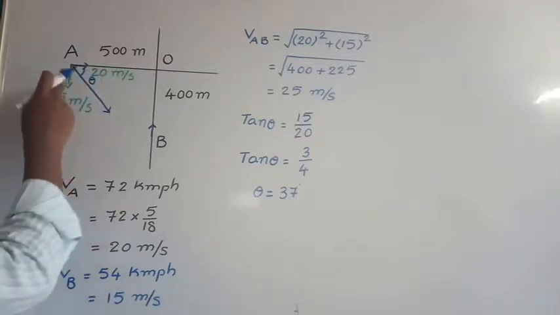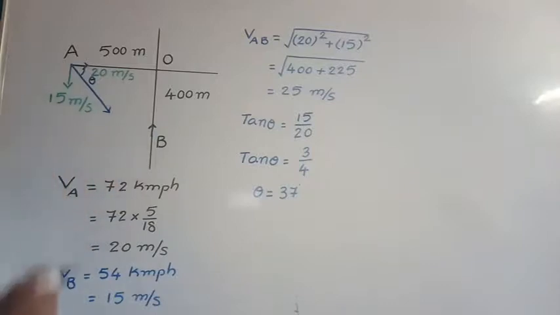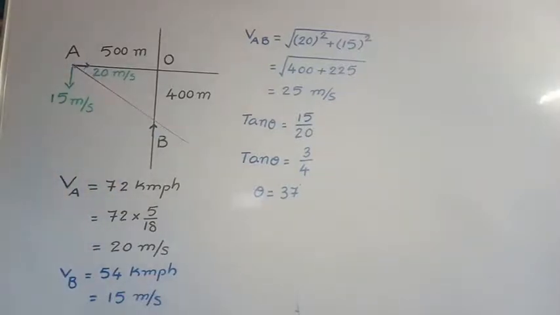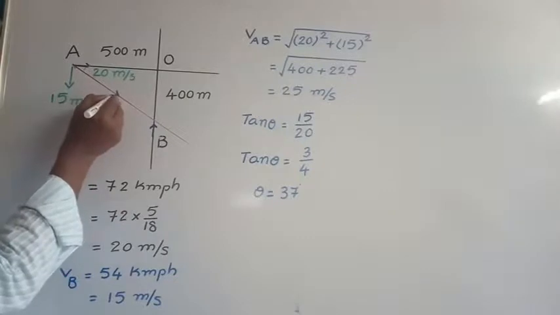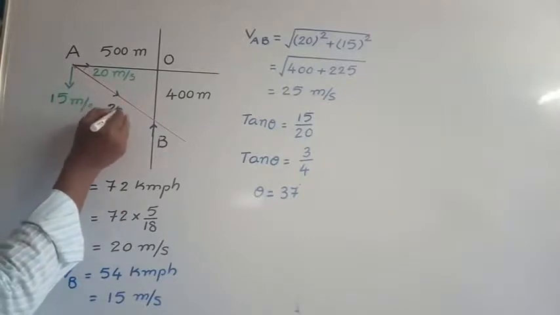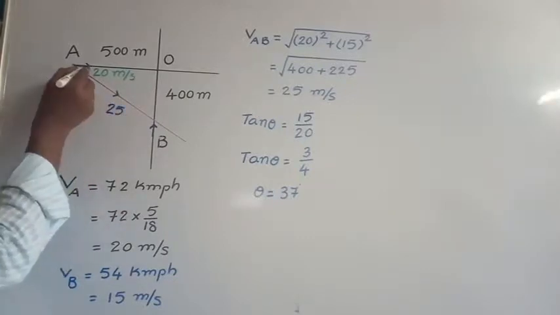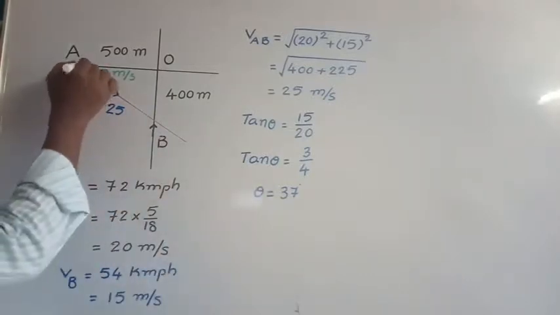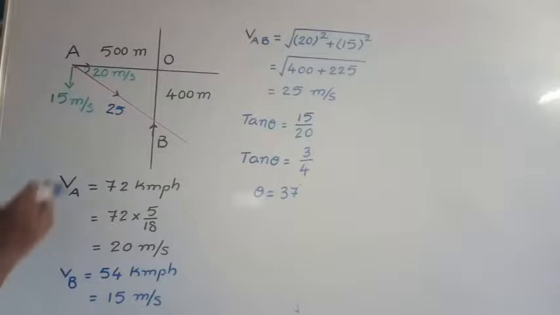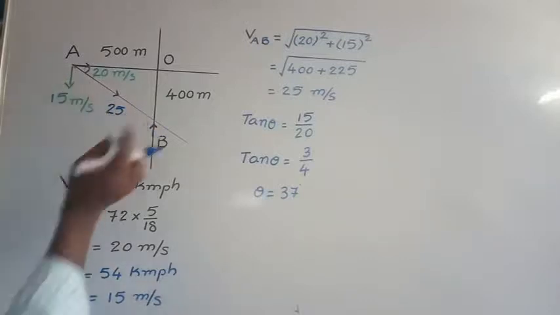So VAB is moving at 37 degrees. This is the resultant velocity direction. The resultant velocity is 25 meter per second, making an angle of 37 degrees. So with a 37 degree angle, it is going like this.